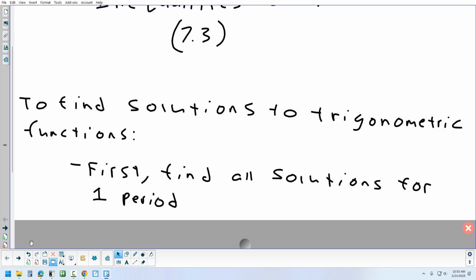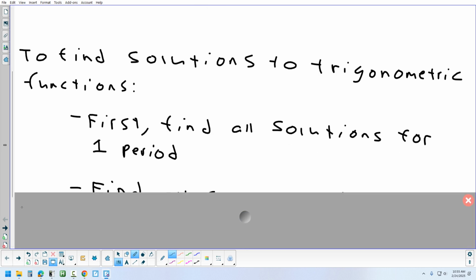So when we're solving trig equations, we're going to find all the answers in one period first. Remember the formula that you need for the period?